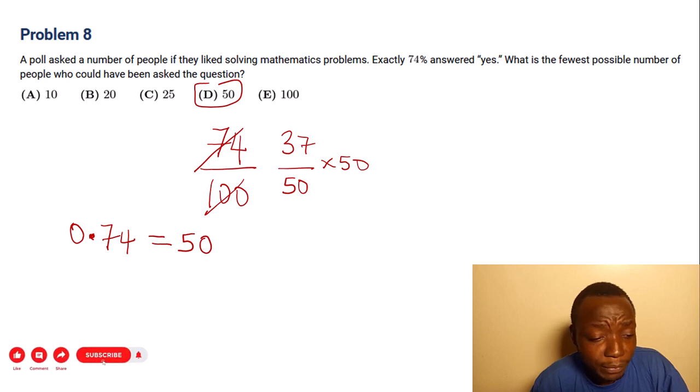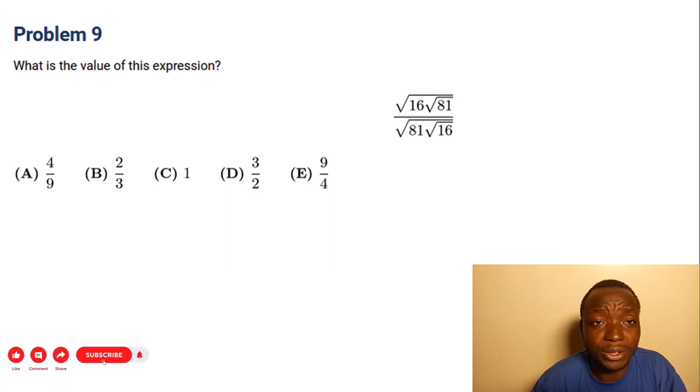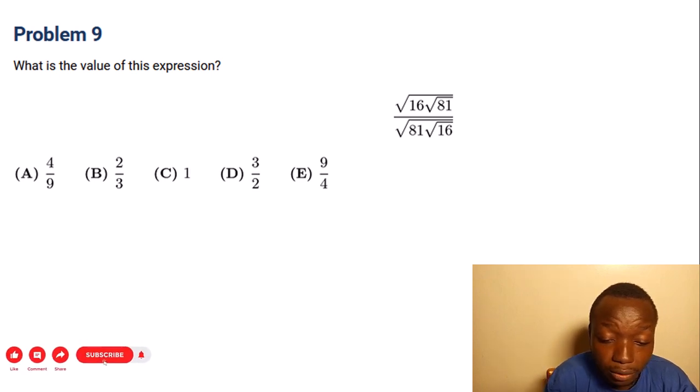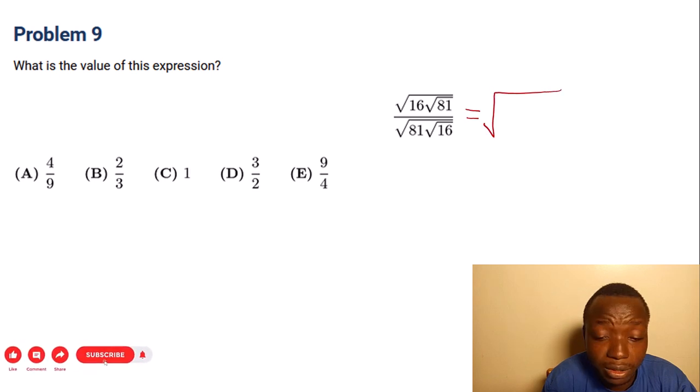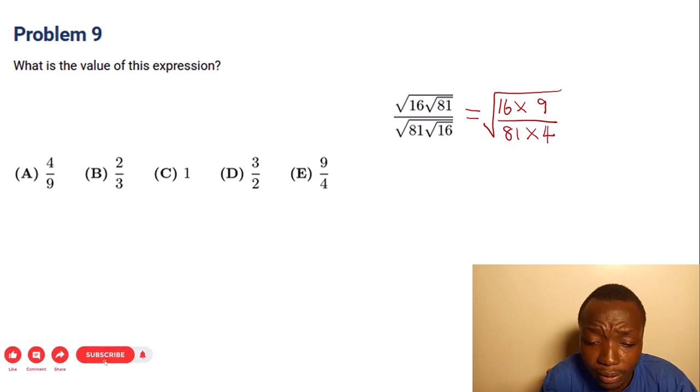Problem 9. What is the value of this expression? Very easy. Here you just need to find the square roots, starting from the inner square root. That will be 16 times square root of 81 is 9 over 81 times square root of 16 is 4. So again, you just have to do that again.